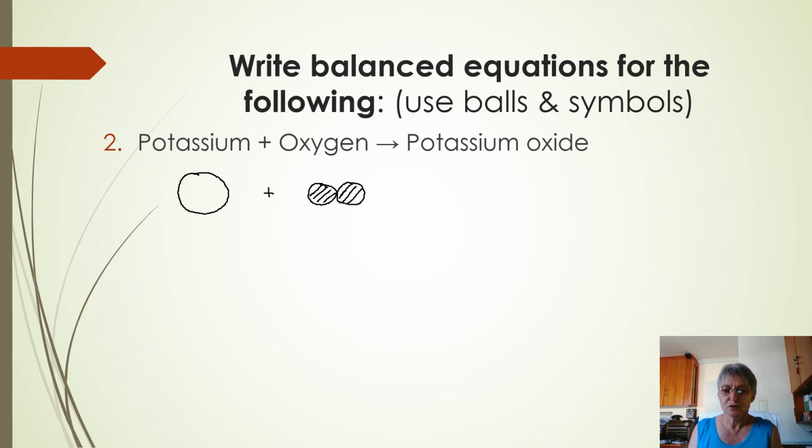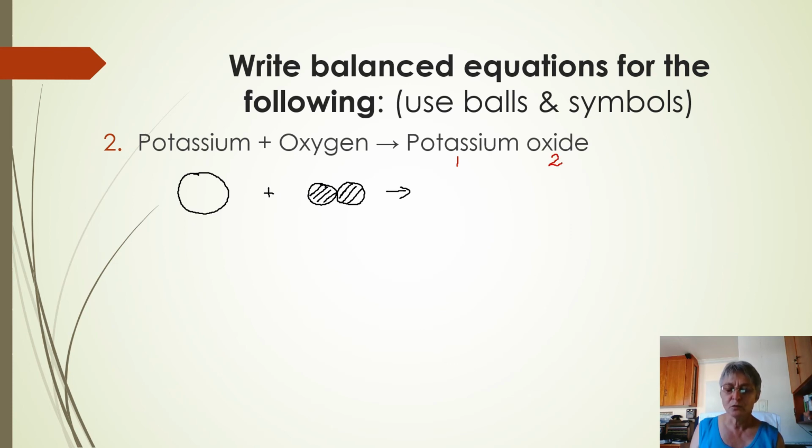Now, not to make silly mistakes in this, I need to remember that potassium is in group 1, so it's got a valency of 1. And oxygen is in group 16, so it's got a valency of 2.